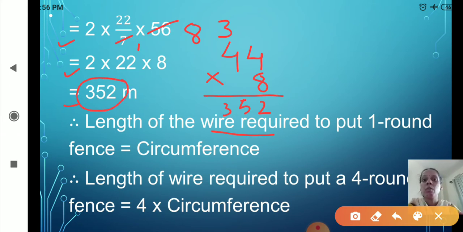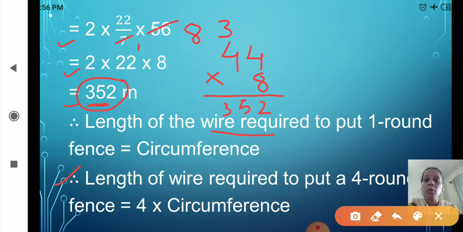So the next step is, the length of the wire required to put 4 round fencing is equal to 4 multiplied by circumference. Circumference is equal to the length of the wire required to put 1 round fencing. So for 1 round fencing we require 352 meter of wire. So for 4 round fencing, how much wire will be required?